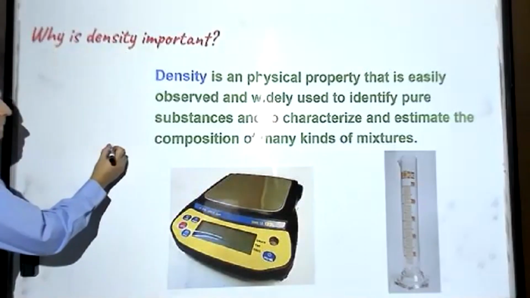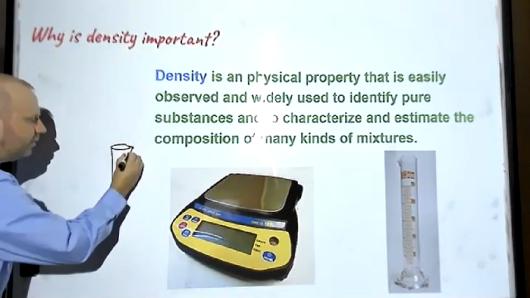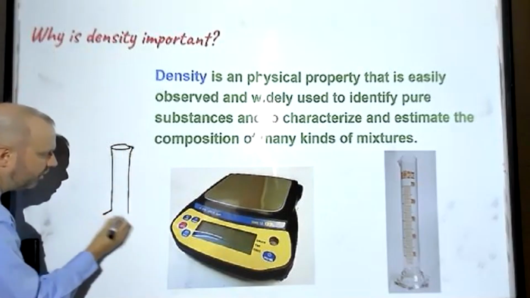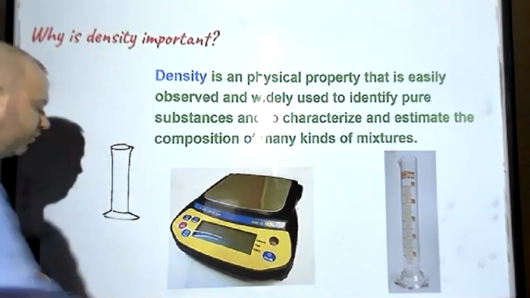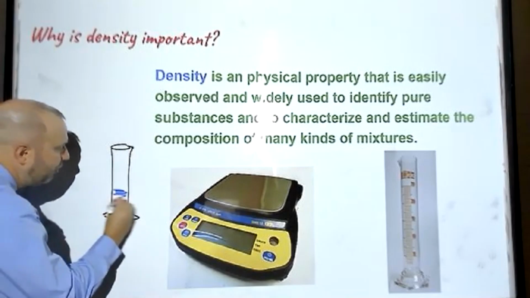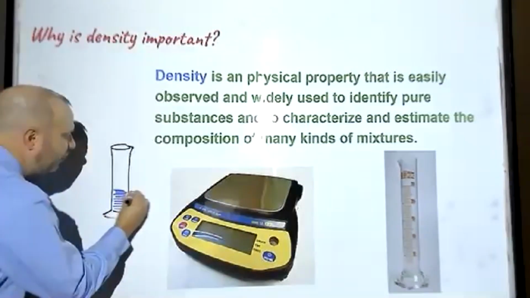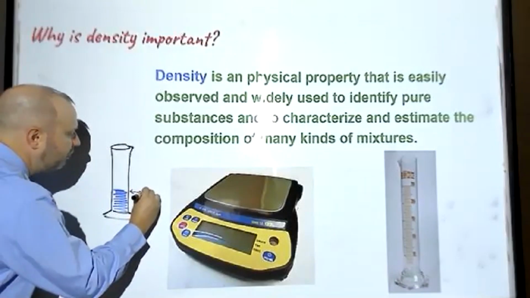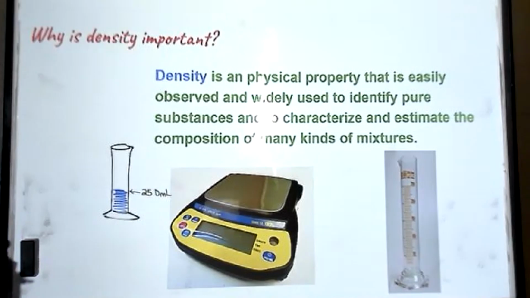So what does that mean? If I have a graduated cylinder, and I'll do my best artwork here, and I know some of you are cringing right now because I'm a terrible artist. Let's hypothetically say that we put water into this graduated cylinder and we fill it up to a volume of 25.0 milliliters.